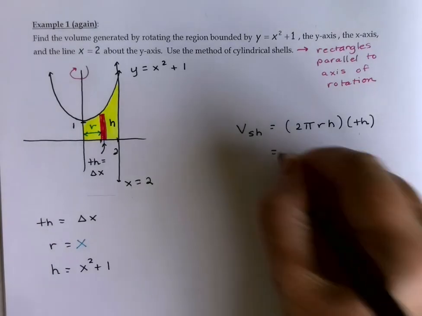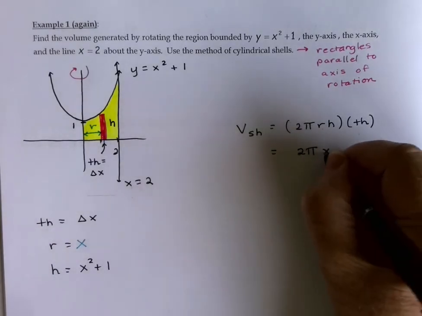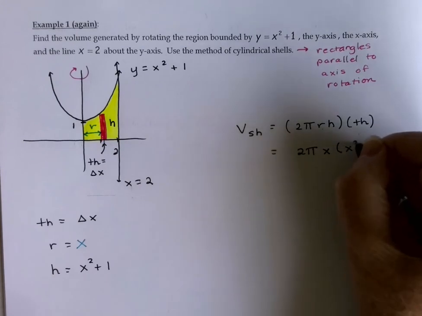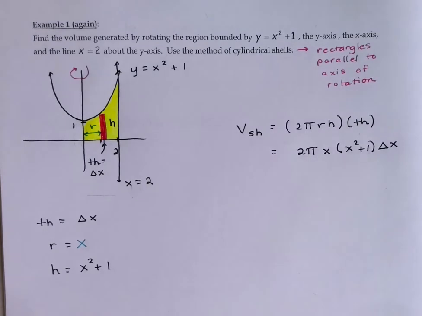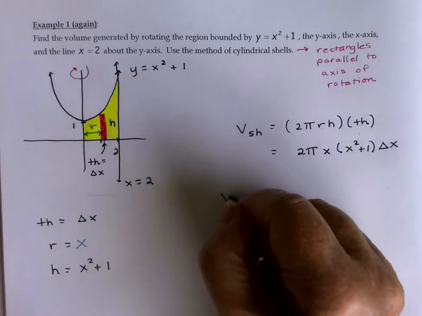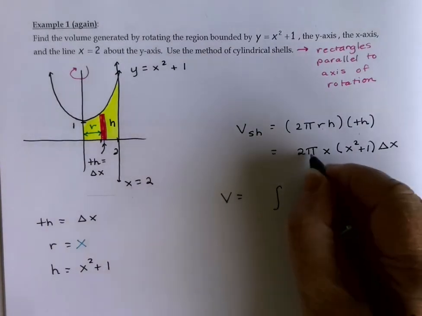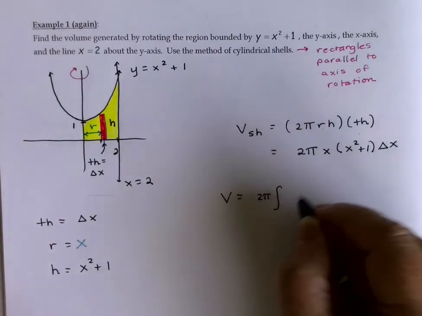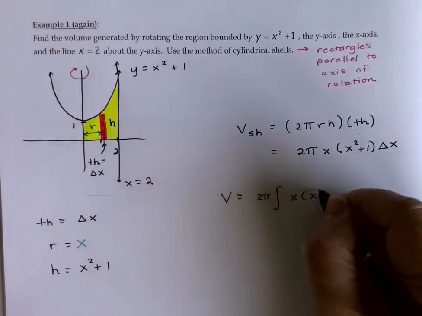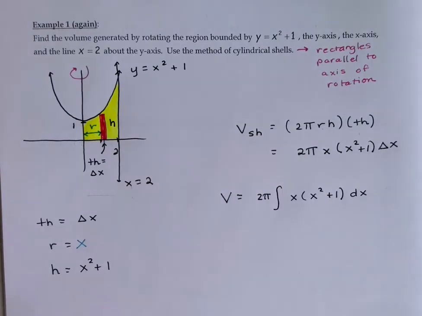So the volume of a shell, 2 pi, radius of x, height of x squared plus 1, thickness delta x. In order to get the volume of the whole solid then, I'm going to integrate, and I'm going to pull that 2 pi out of the integral. That leaves x times x squared plus 1 dx.